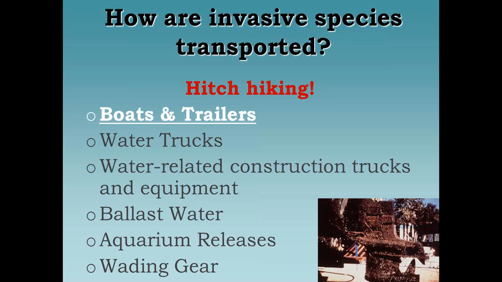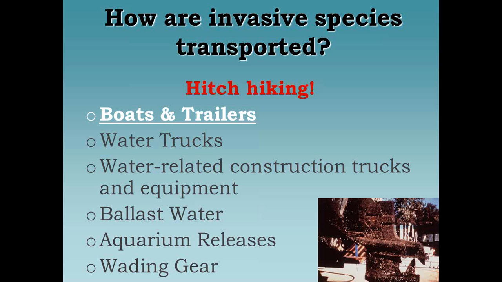So how are these species being transported? There's a lot of different kinds of vectors, and you have your initial introductions coming from, again, the cargo ballast water, but also you have people dumping aquariums, which is a huge problem. People intentionally releasing fish that they like, or like to fish for, or like to eat.